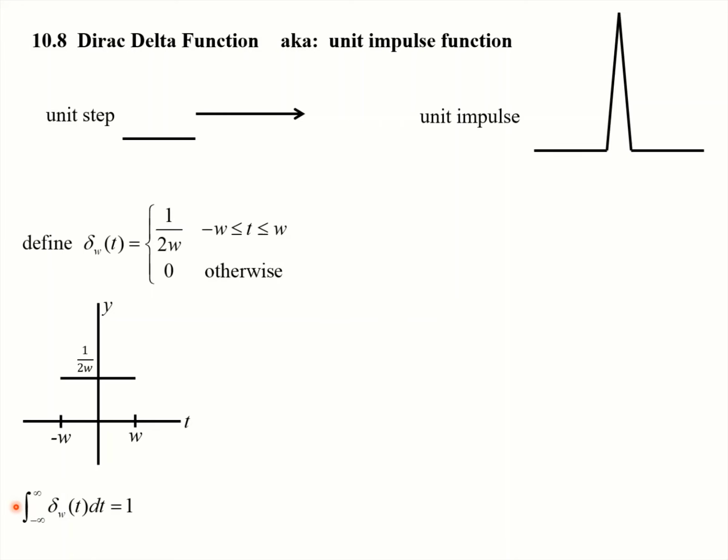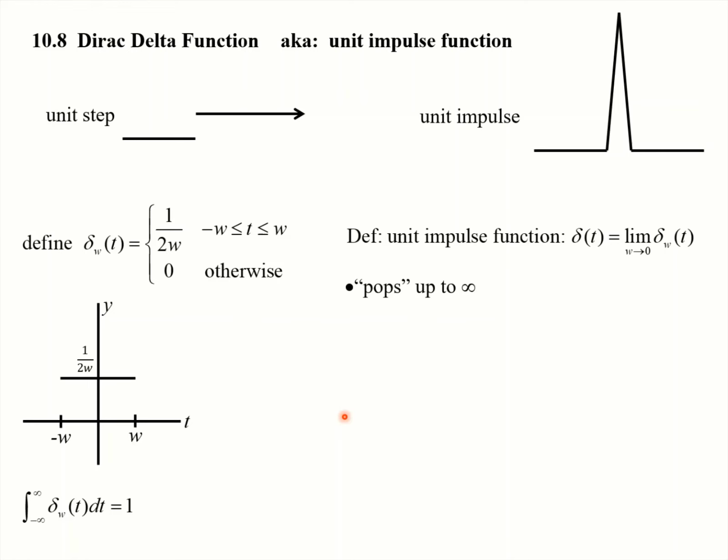So let's define the Dirac delta function, or the unit impulse function. It is going to be delta of t equals the limit as w goes to 0. So we're taking this interval here and shrinking it. And as it shrinks, this gets narrower, but it pops up higher and higher and higher. That is what the unit impulse function is.